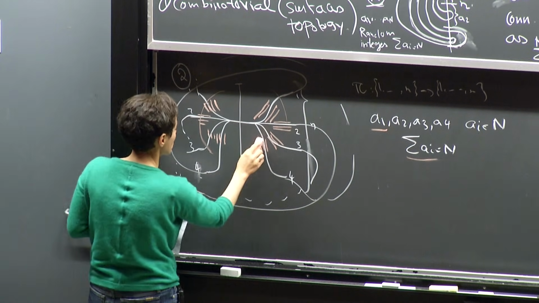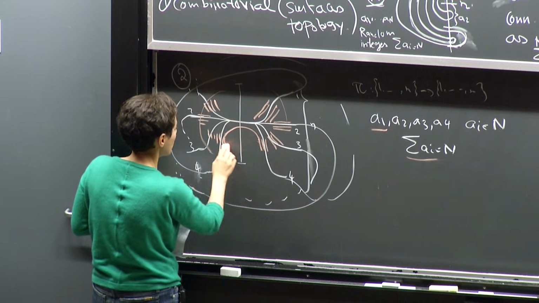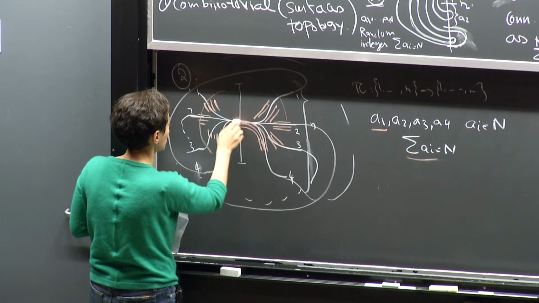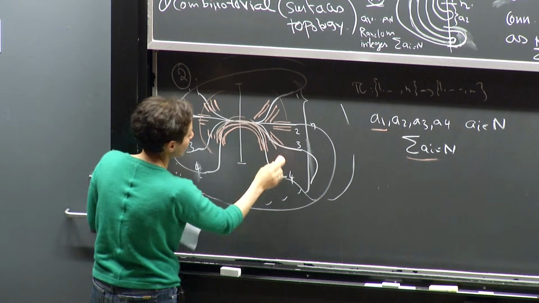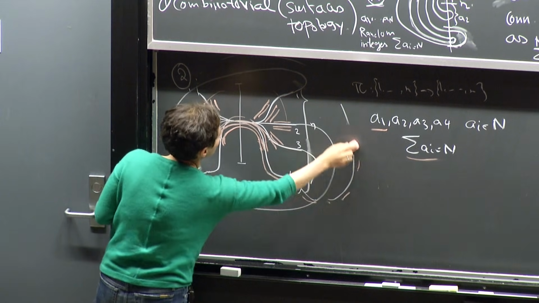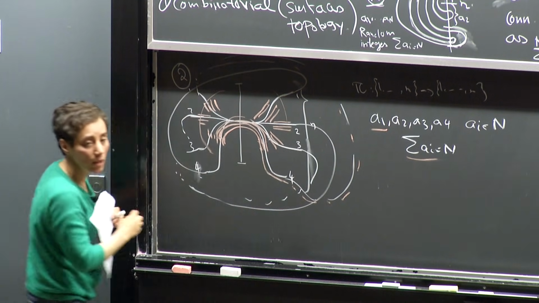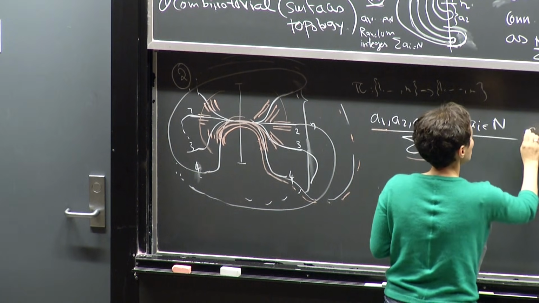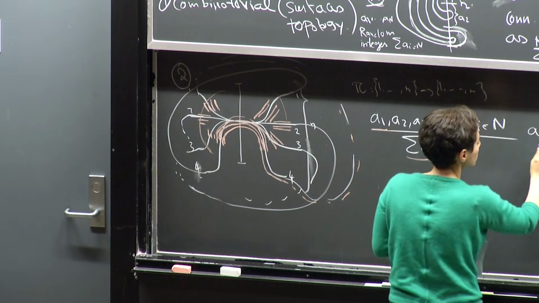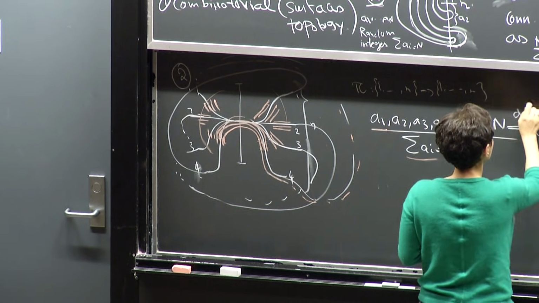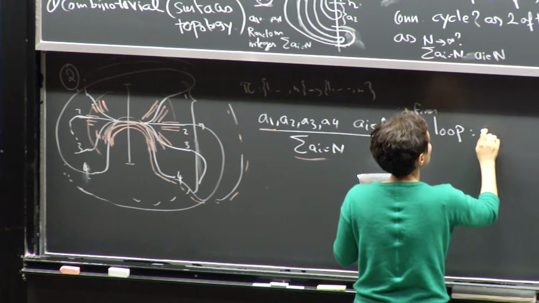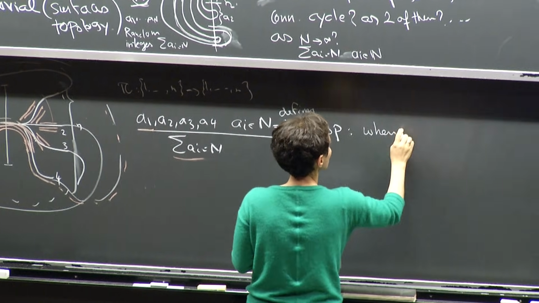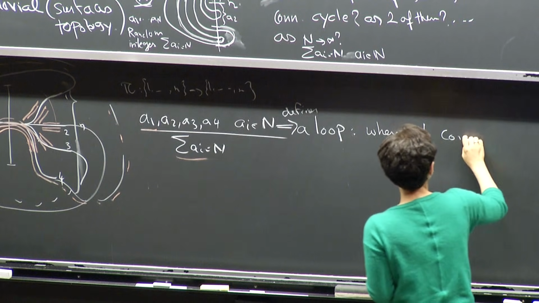So one way is just this here. It's just without any self-intersections. And the other way is through the lines of the graph. So A1 to AN will determine a loop. And the question is, when is this loop connected?